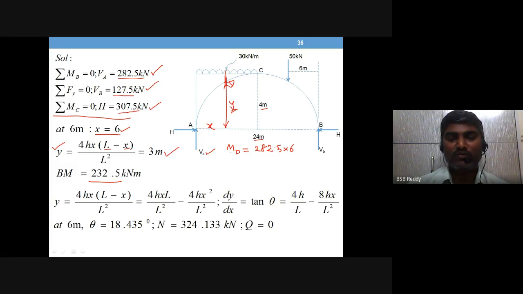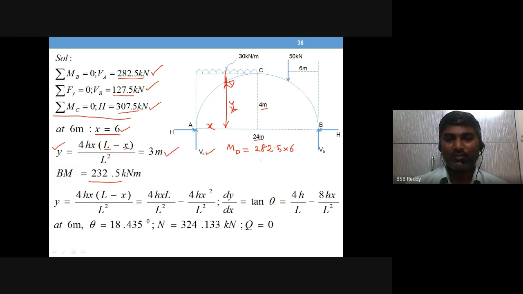Again you need to follow the sag and hog nature of directions. So it is clockwise. So left clockwise is positive. Okay, right. This is clockwise, so hence it is positive.